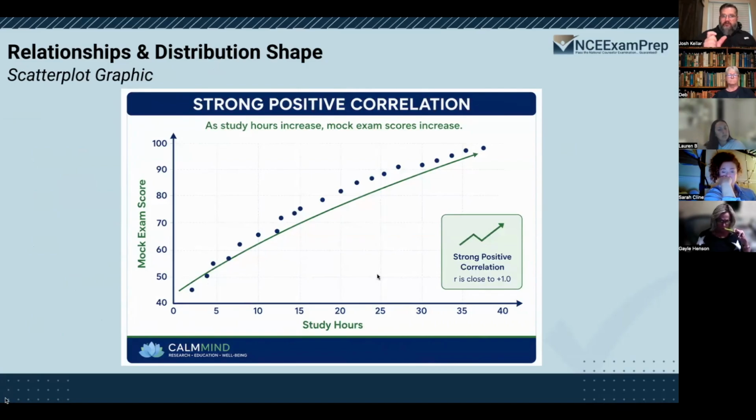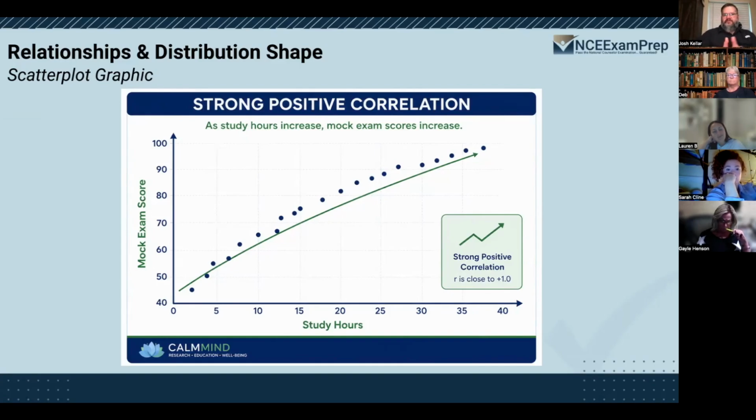R, which is how we represent our correlation coefficient, the closer it gets to +1, the stronger the correlation. So 0.85 is close to 1, so that would be a strong positive correlation.